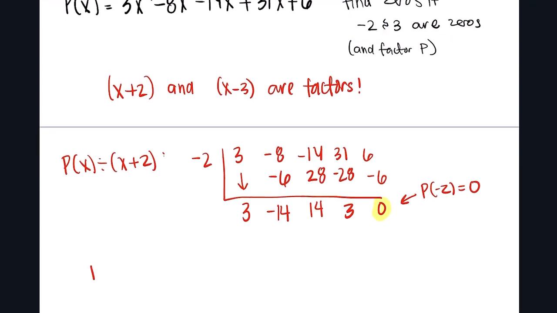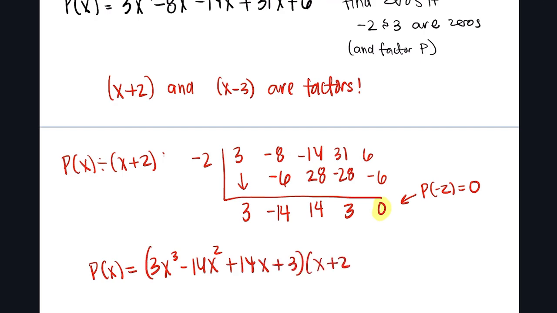Which means I can say P of x is equal to 3x cubed minus 14x squared plus 14x plus 3 times x plus 2.